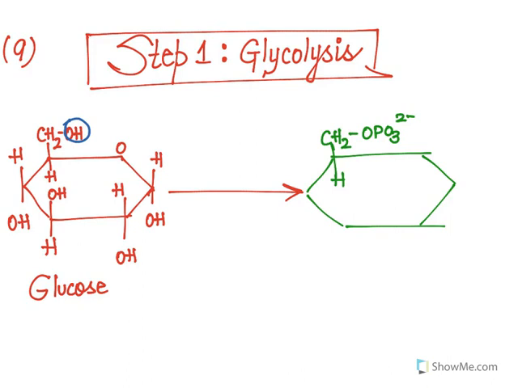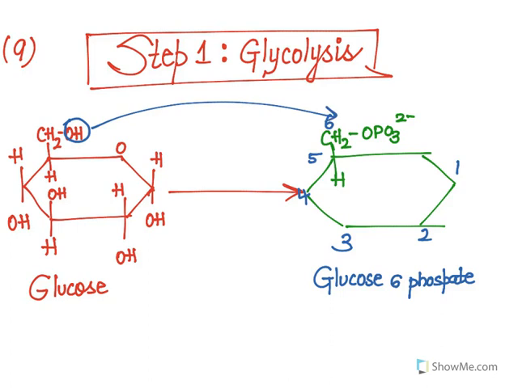Let us label the carbons here, 1, 2, 3, 4, 5, and this is the 6th carbon. We still call it the glucose molecule, glucose 6-phosphate will be the name, because this hydroxyl group has been replaced with the phosphate group.